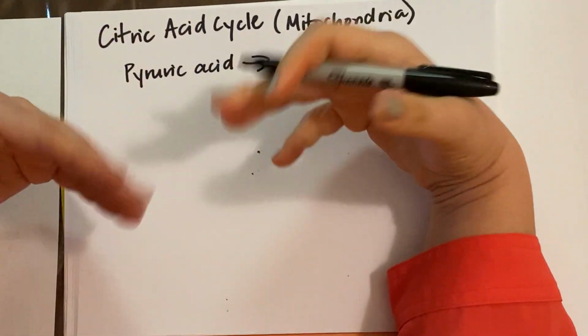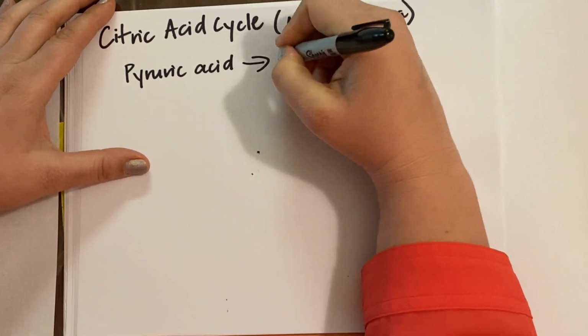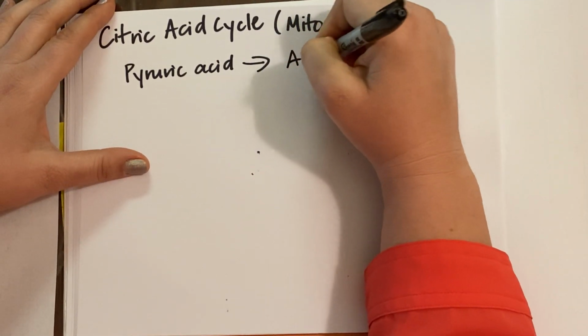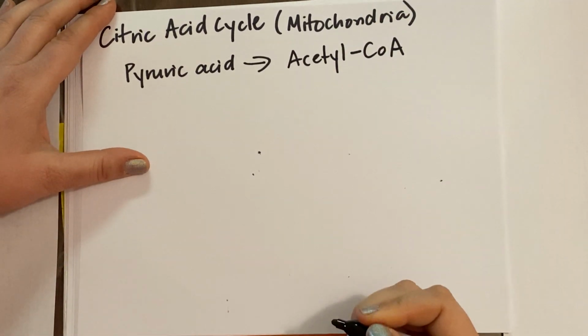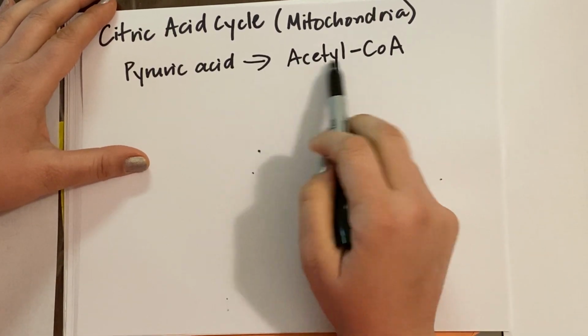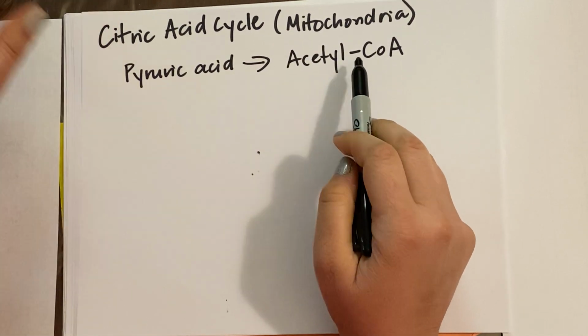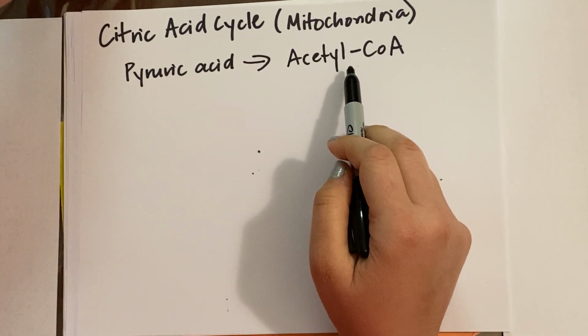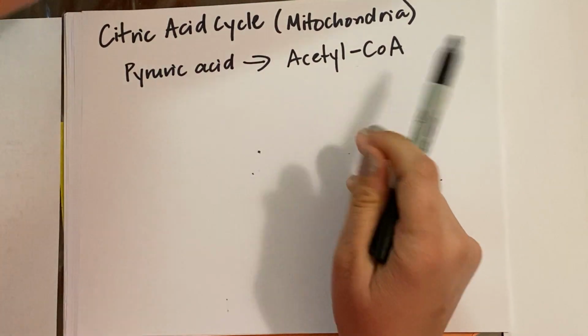This is a lot of steps, and there are lots of enzymes involved, but it turns into something called acetyl-CoA. Remember this one. This molecule can go directly into the citric acid cycle. So we'll see what this little process looks like.